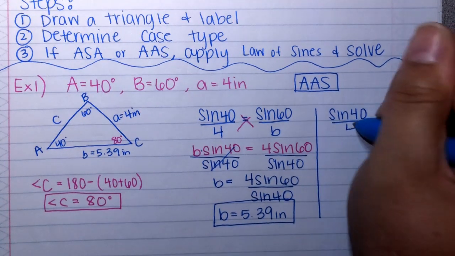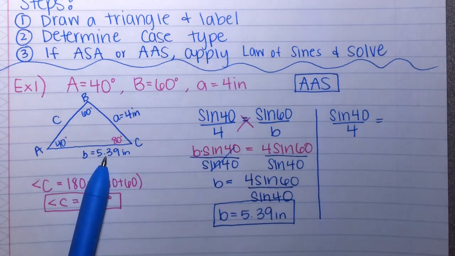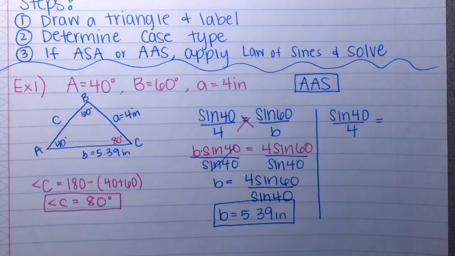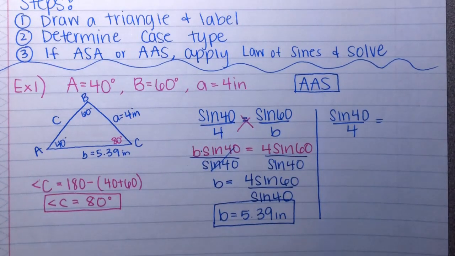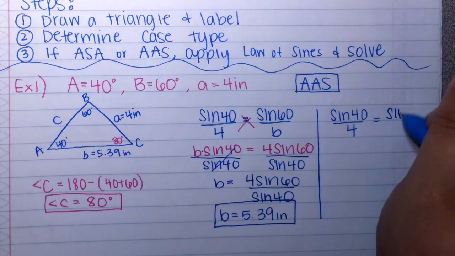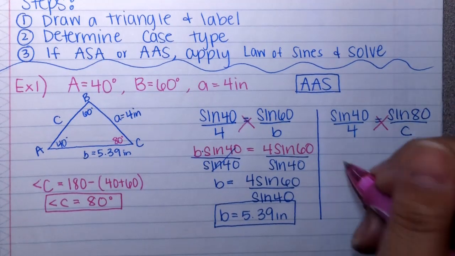Somebody last period said, well, Miss Olivares, could I use 60 and 5.39? Like, honestly, you could, but it's rounded. I don't want you to get a wrong answer because you're rounding. So now I need to find C. So what's my other side of the proportion going to be? Sine of 80 over C. Cross multiply.